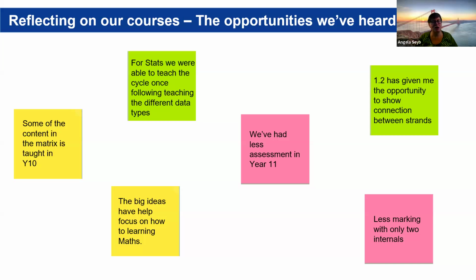The connection between things is easier in the NCEA new format. So the idea that we can repeat some of the things that you're doing, the big ideas, are being developed across the course. So not only have we had challenges, but we have had people saying to us that there are opportunities in the new NCEA level 1.